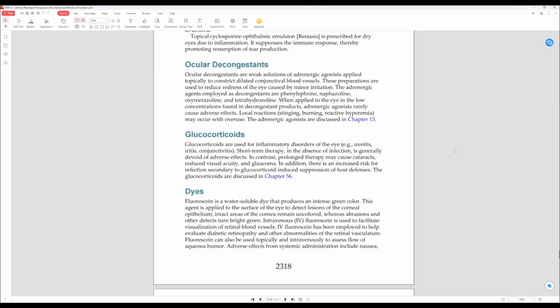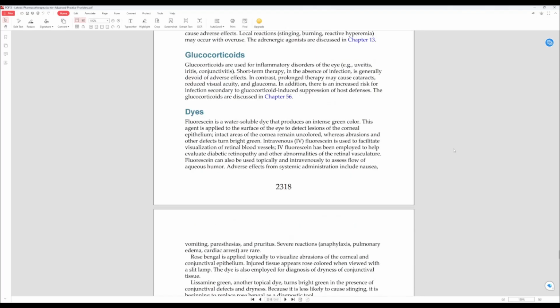When applied in the eye in the low concentration found in a decongestant, adrenergic agonists rarely cause adverse effects. Local reactions, however, include stinging, burning, and reactive hyperemia, which may occur if the medication starts to get overused. The adrenergic agonists are discussed in Chapter 13, which takes us now back to glucocorticoids.